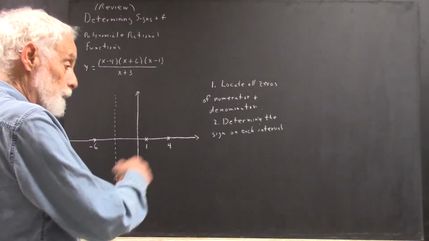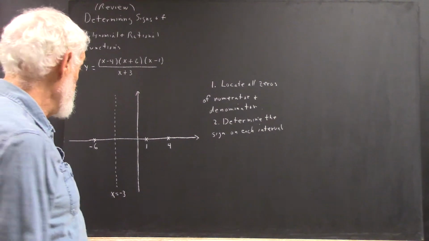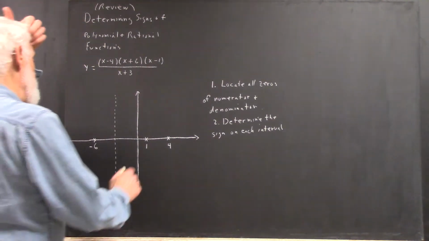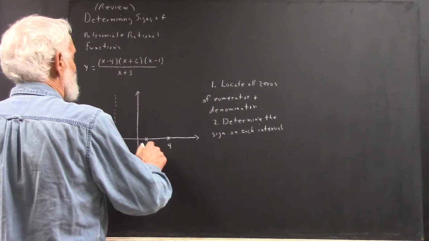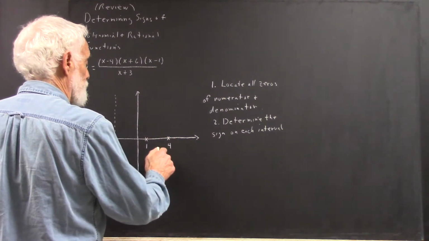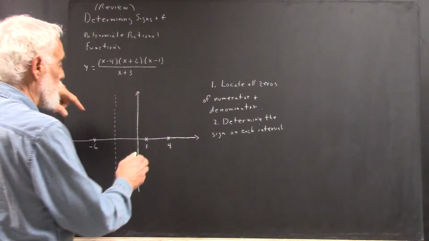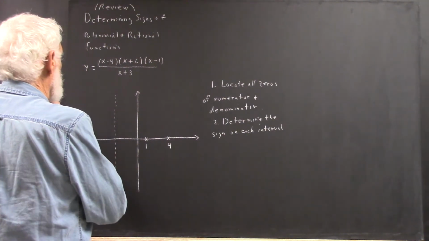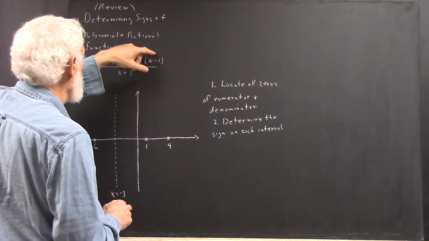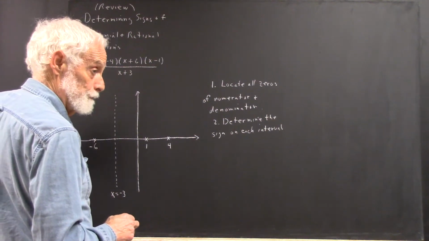Okay? The graph is nice and continuous and connected. It can't go through 0 between here and here. If it did, there'd be a 0 here, and there isn't. Any other number except 1 and 4 and -6 is going to give you a non-zero numerator.